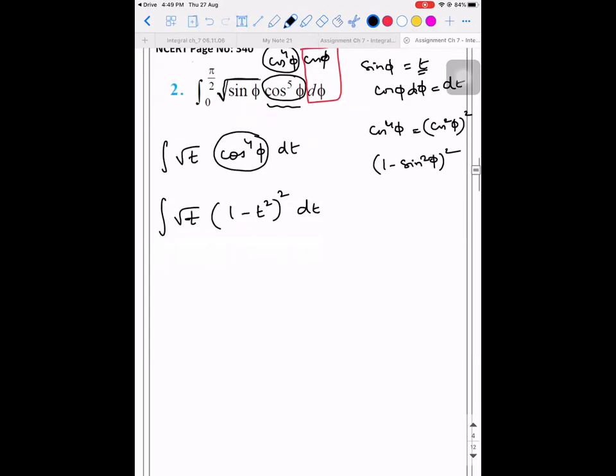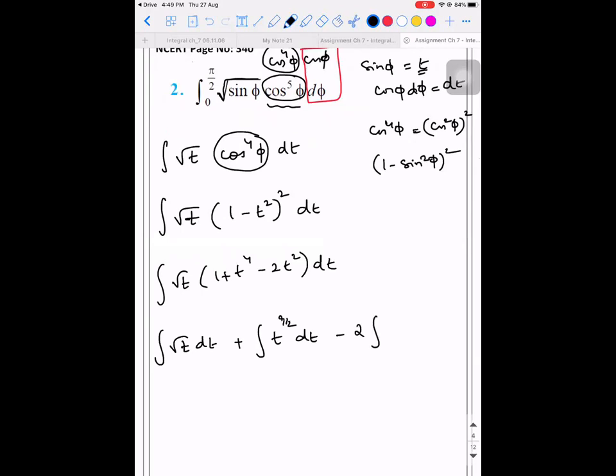Now it is easy for you to solve. The integral of root t into 1 plus t power 4 minus 2t square dt. So the integral of root t dt plus the integral of t power 9 by 2 dt minus 2 into the integral of t power 5 by 2 dt.